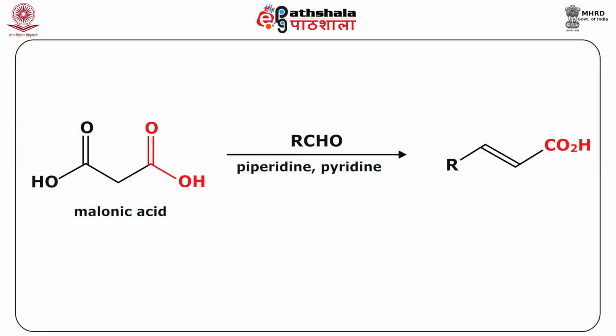When malonic acid is used in place of active methylene compounds and treated with aldehyde in the presence of a base, the product formed can lose a molecule of carbon dioxide in a subsequent step. And the final product obtained here is an alpha beta unsaturated carboxylic acid, and this is called the Doebner modification. So, this is shown here.